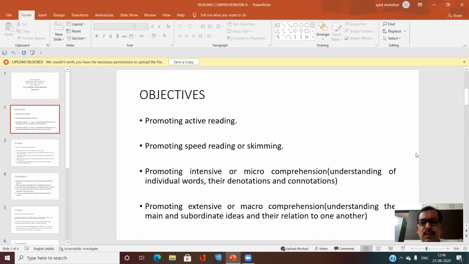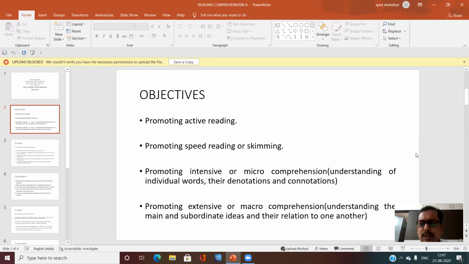What is micro comprehension? Understanding of individual words, their denotations and connotations, their figurative meanings and their literal meanings, and the other sorts of meanings of the words. Next, promoting extensive or macro comprehension.